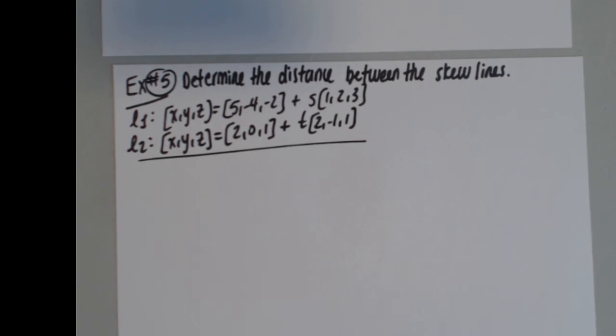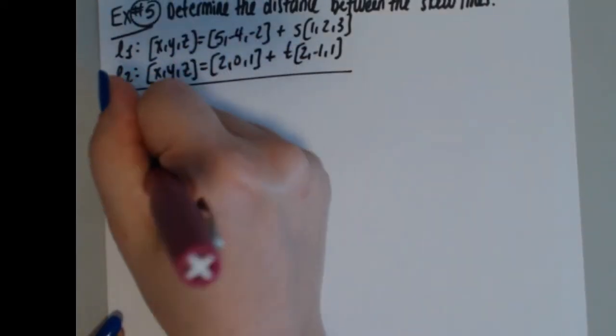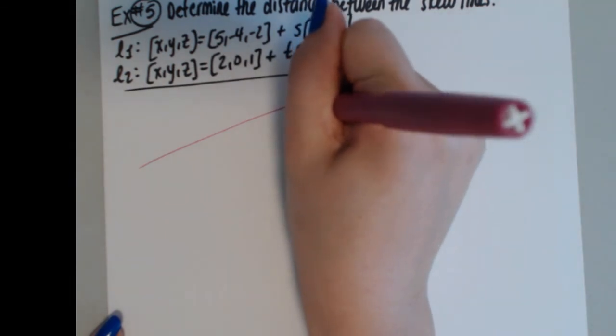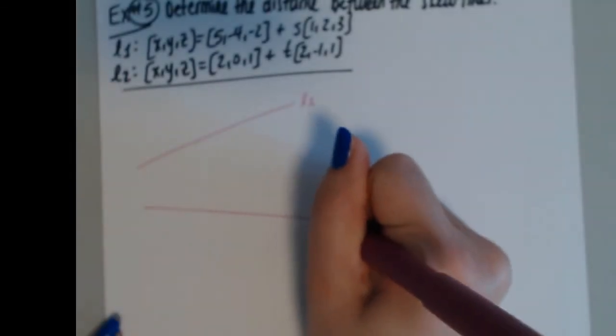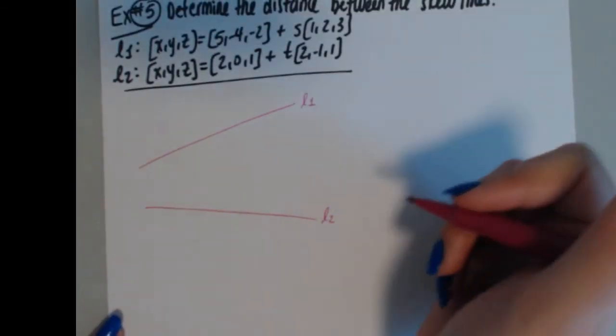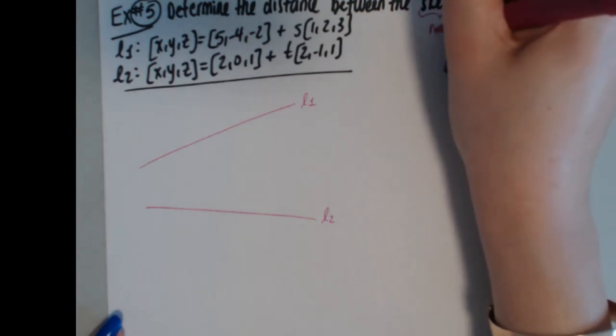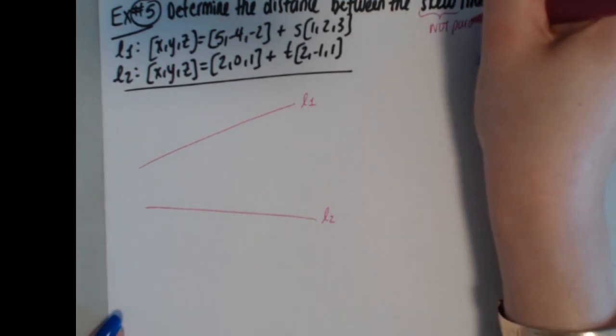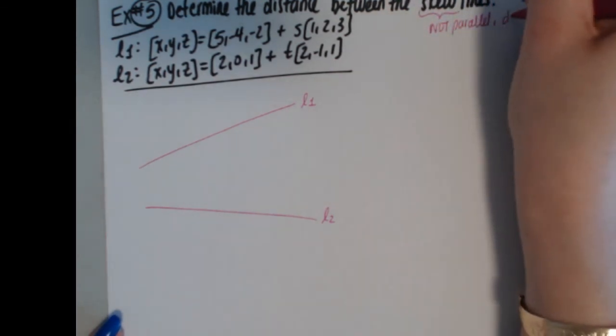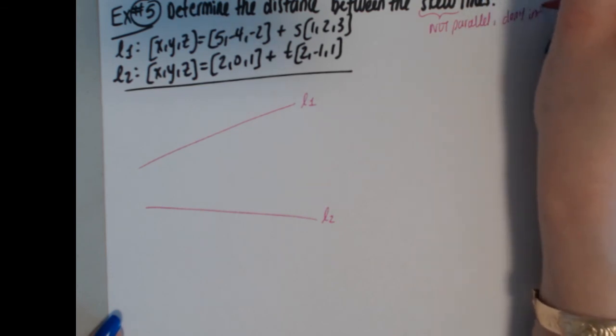Now, the first thing I'm going to do is just sketch out two lines in space. Okay, so let's say we have L1 and L2. Because they're skew, I know that they are not parallel and they don't intersect.